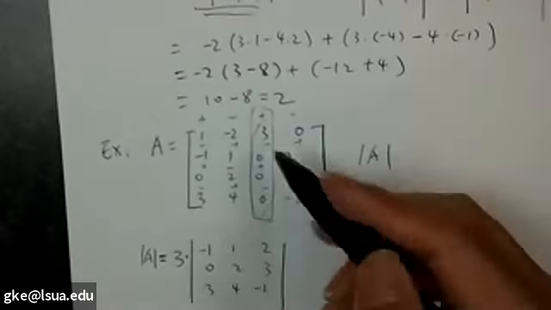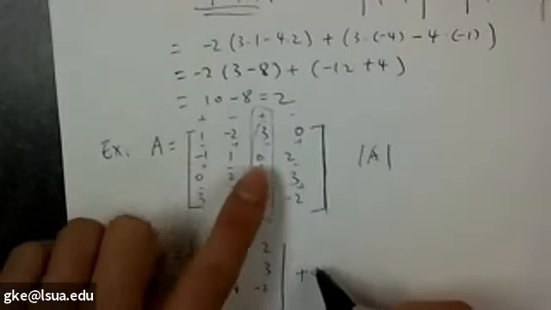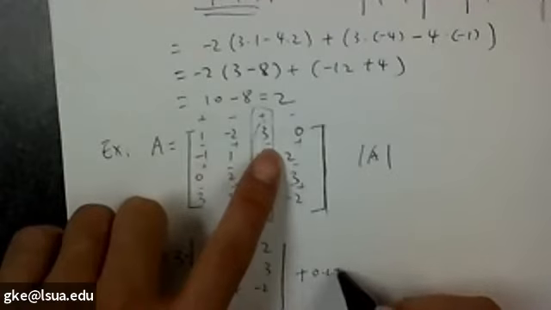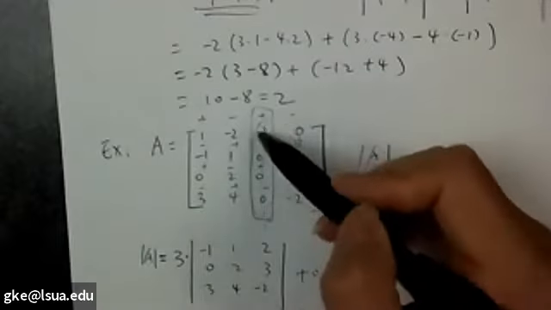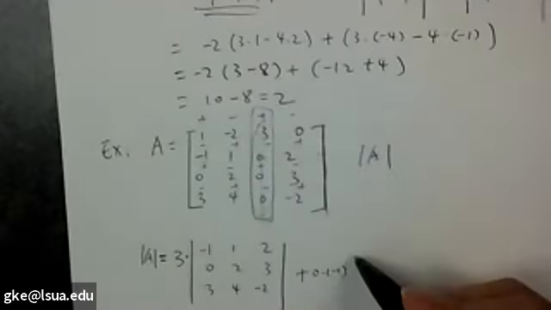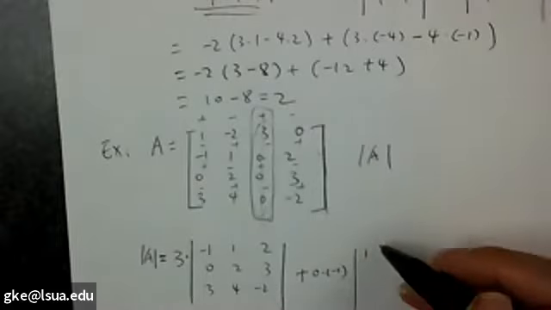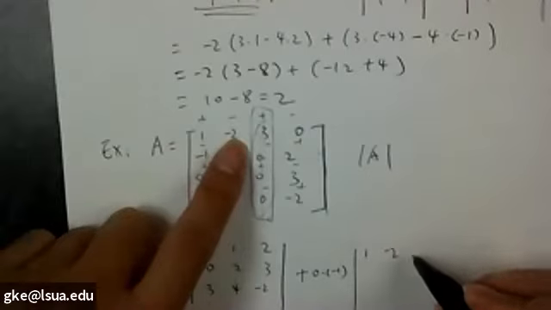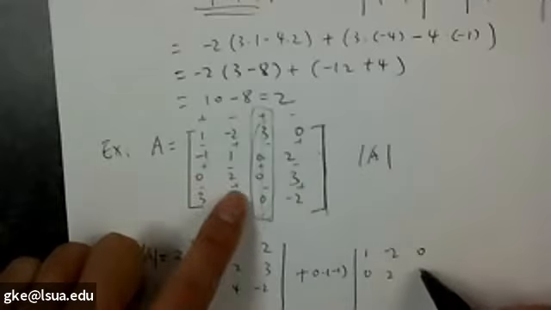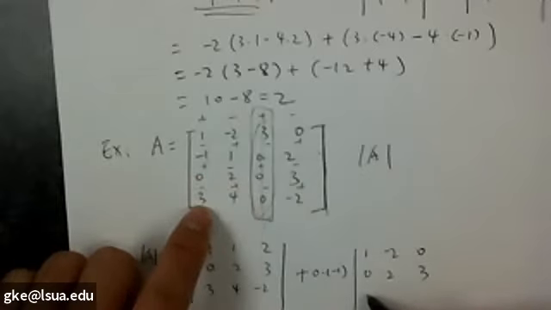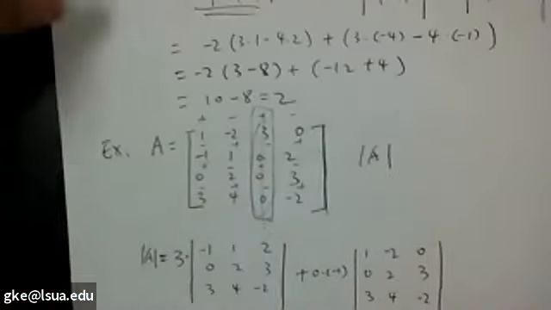And for the second element it is 0. And be careful, here's a negative sign, times negative. And of course, you cross out the second row and the third column, right? You're going to get 1, -2, 0, 0, 2, 3, 3, 4, -2, right?